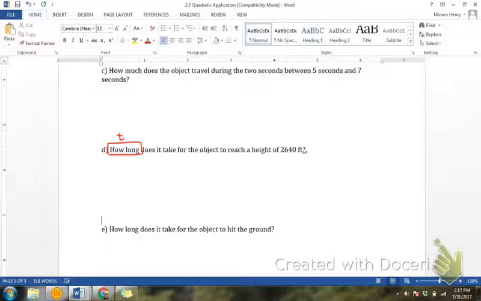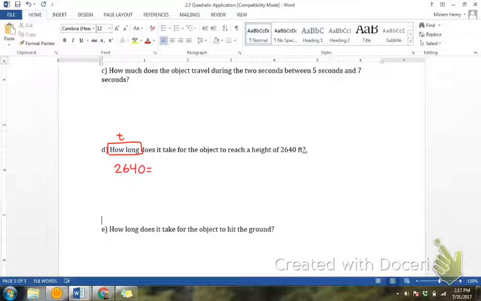Plug it in for our h of t, because we're not plugging it in for time. The time is not 2,640 seconds, right? That's a long time. The height is 2,640. So we're plugging the 2,640 in for the entire h of t, which represents your height.